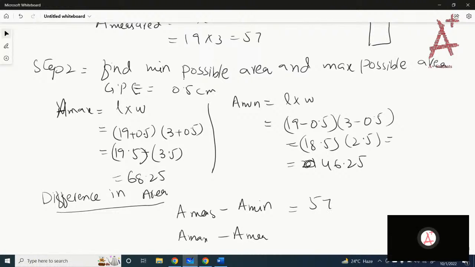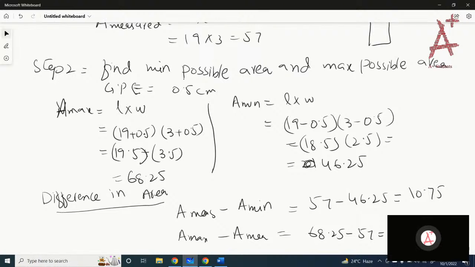So 57 minus 46.25 and 68.25 minus 57. So 57 minus 46.25 is 10.75 and the other is 11.25.